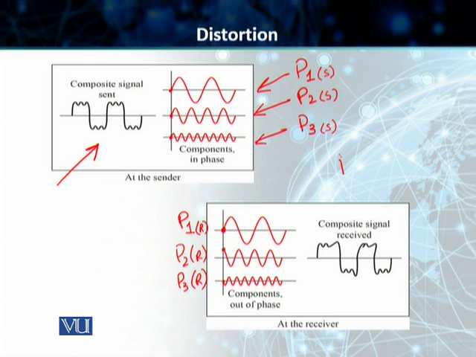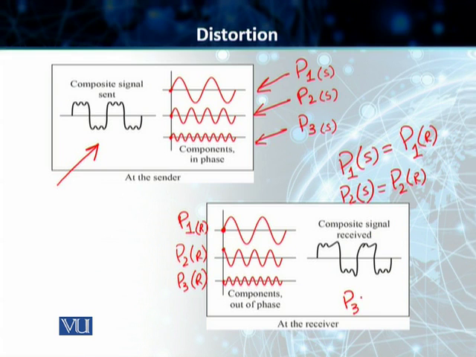So you can see that your P1 at the sending end is equal to your P1 at the receiving end, but your P2 at the sender is not equal to P2 at the receiver, and similarly, out of space, I'll write here, P3 at the sender is not equal to P3 at the receiver.